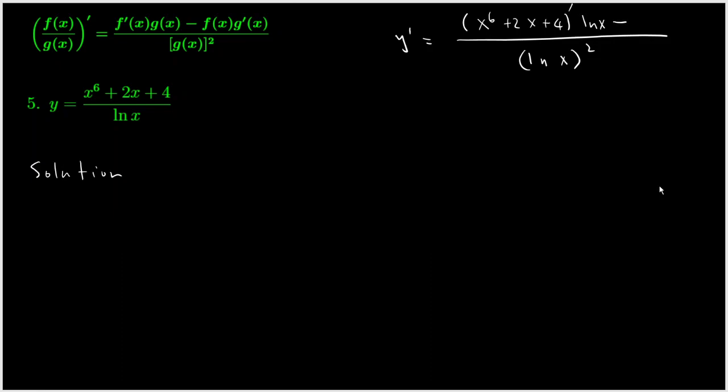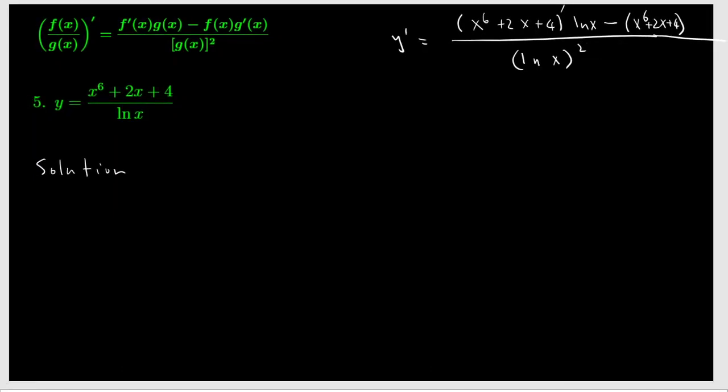Minus, so do not forget you need to use a subtraction here. Minus f of x, which is x to the power of 6 plus 2x plus 4, and then times the derivative of g of x. The derivative of natural log of x, right?